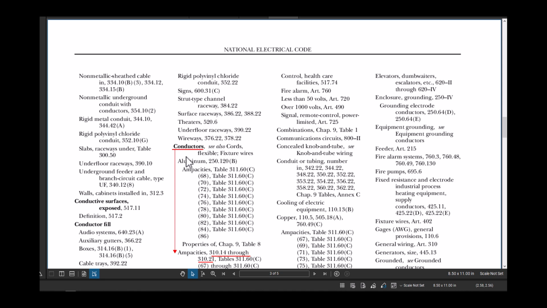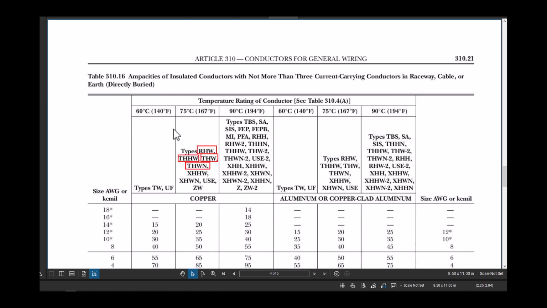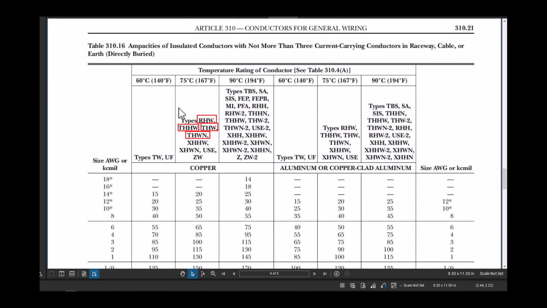If we go to conductors in the NEC index, the ampacity tables are 310.14 through 310.21, but we know that 99% of what we look for in the ampacity table is 310.16. When I come to 310.16, I highlight all the wires in the question, which are RHW, THHW, THW, and THWN.